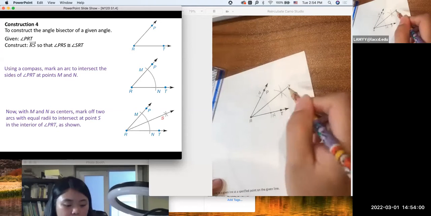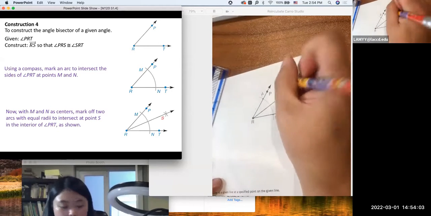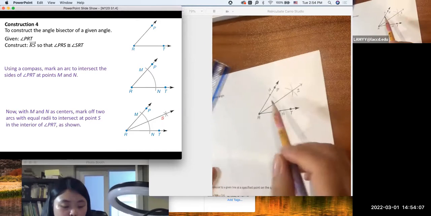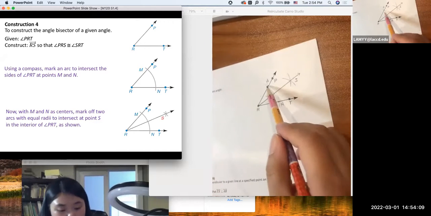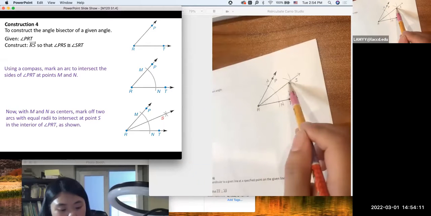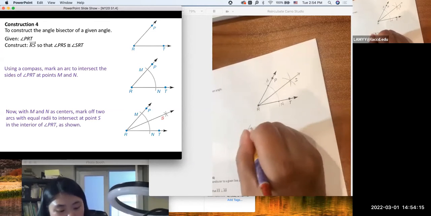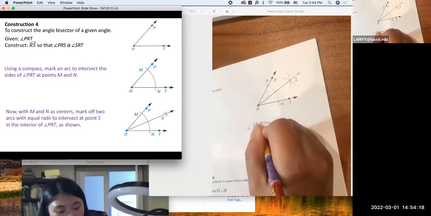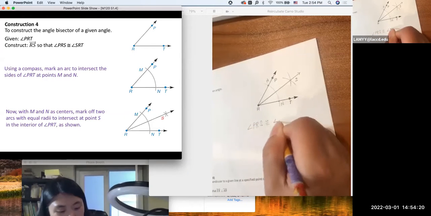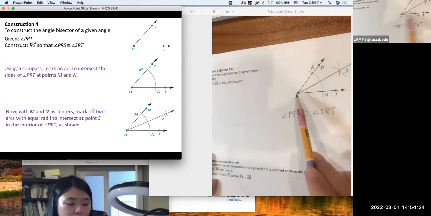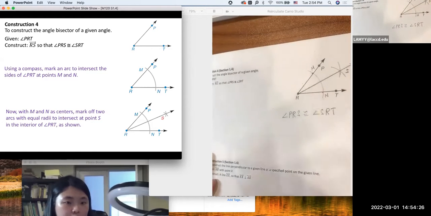This is going to be the point S. So we have angle PRS congruent to angle SRT. So RS will be the angle bisector.